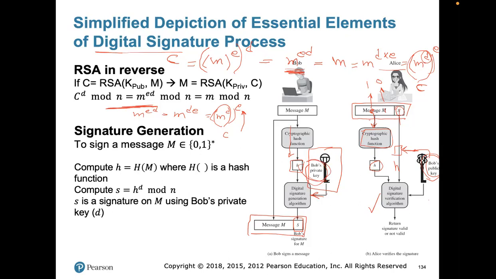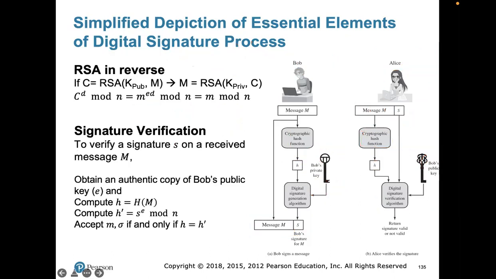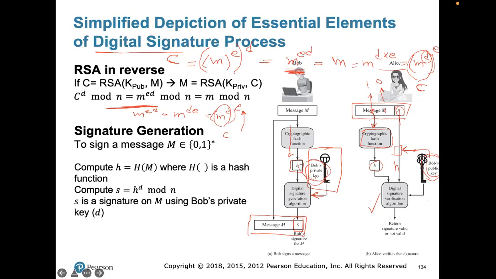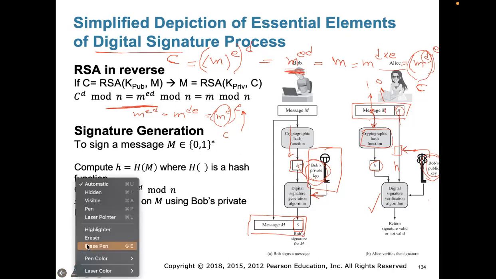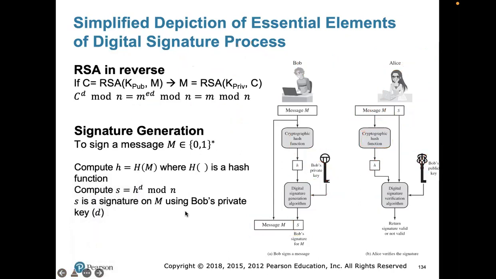So because of that, we make this smart move, and we say, okay, how about Bob encrypts the message using his own private key instead of his public key. If Bob encrypts the message using his own private key, now he can keep his private key private, and he doesn't have to share it with anyone.